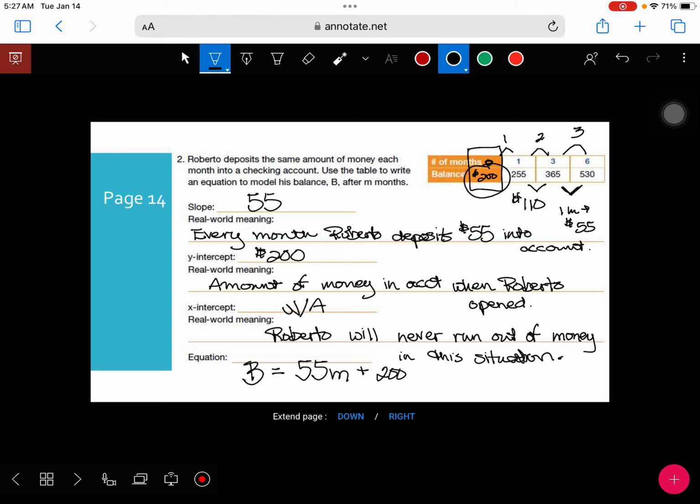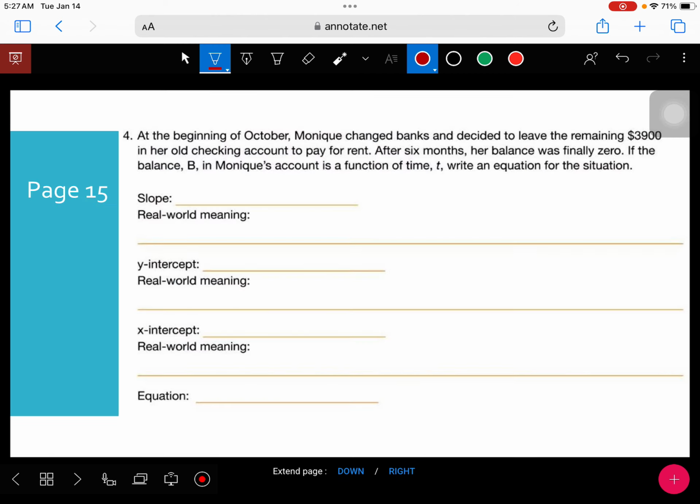Or you might say, if you're talking about how this all began, you could rewrite it a little differently and say 200 plus the $55 that he's putting in each month gives him the balance. Okay? Probably this one mimics more what's going on in this situation. All right, and then we've got one more on page 15.